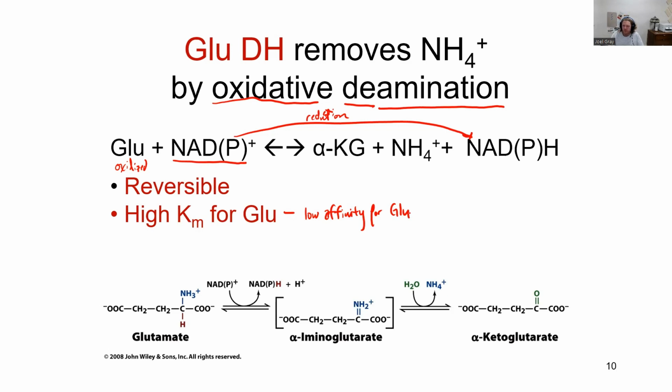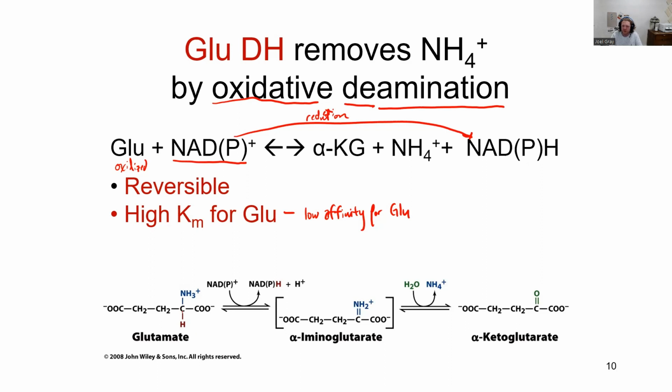Glutamate is going to be reduced first to aminoglutarate. That aminoglutarate is then going to have that NH2 simply hydrolyzed away. So we're going to end up with alpha ketoglutarate.